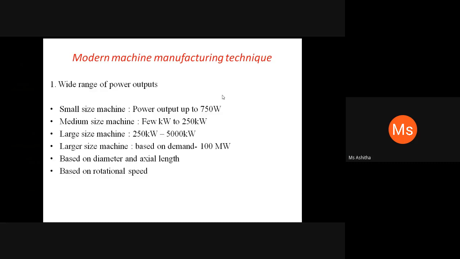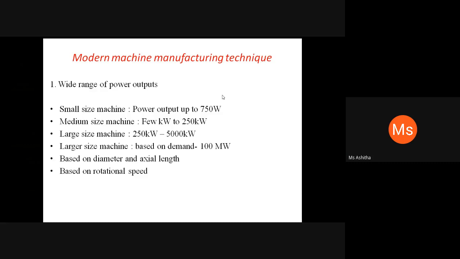The first one is that modern electrical machines are characterized by a wide range of power outputs. The power range varies from a fraction of a watt to several hundreds of megawatts in a single unit.